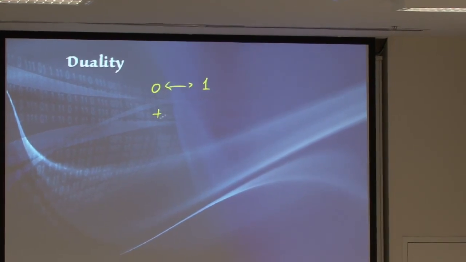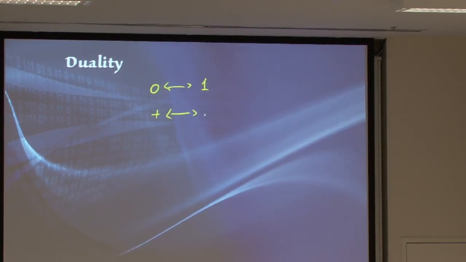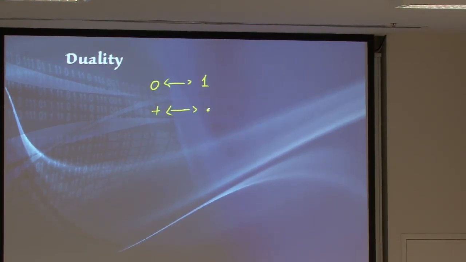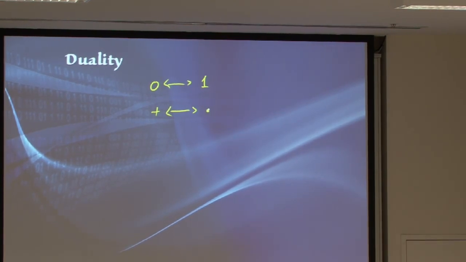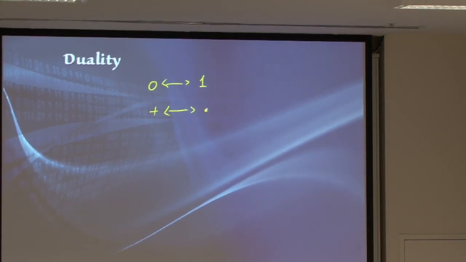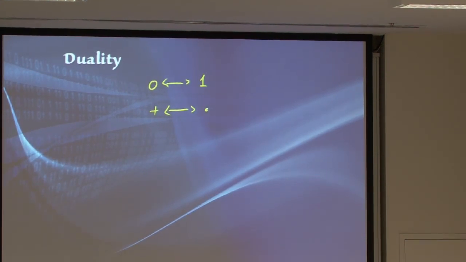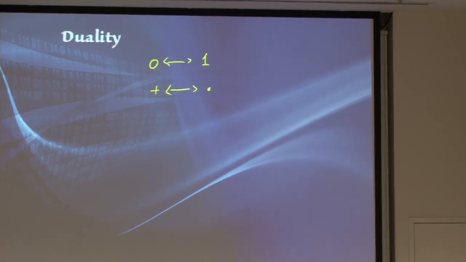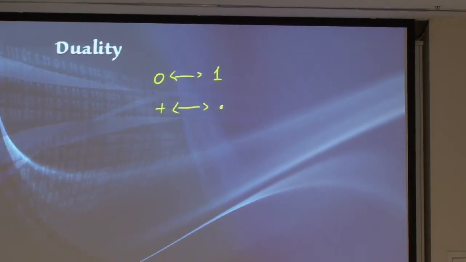You take all the operations that are an OR, you change with an AND, and vice versa. You leave any of the variables in place as they are. You leave any inversions as they are. And you get a new expression.